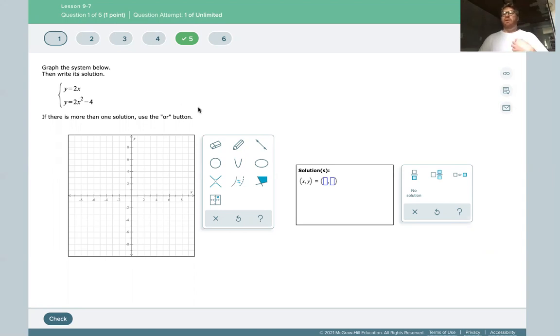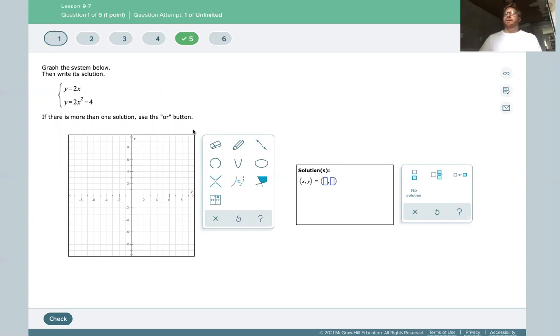Now, when we are looking at how to get started with this, I usually take care of the linear equation first because it's the easiest one. So for the linear equation, just think of y equals mx plus b.